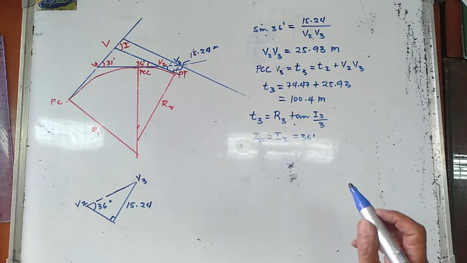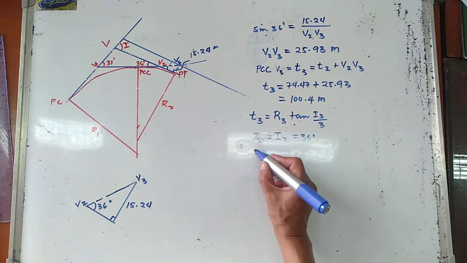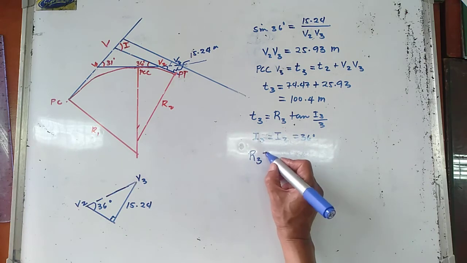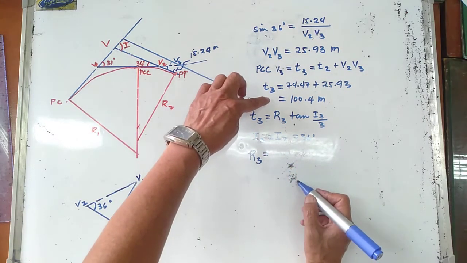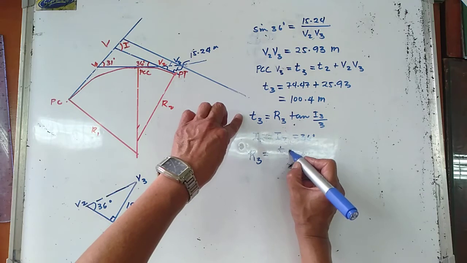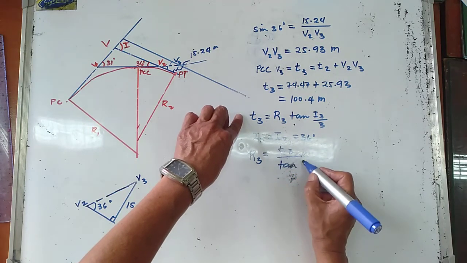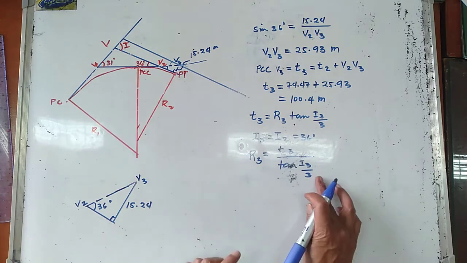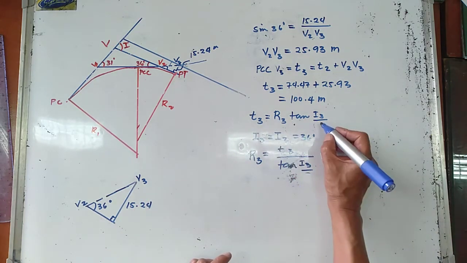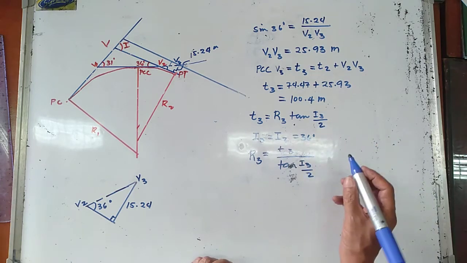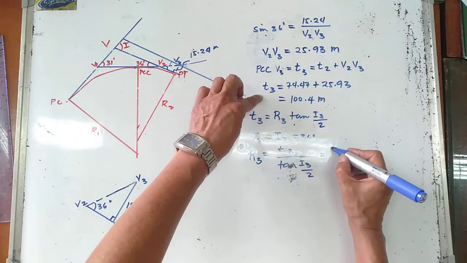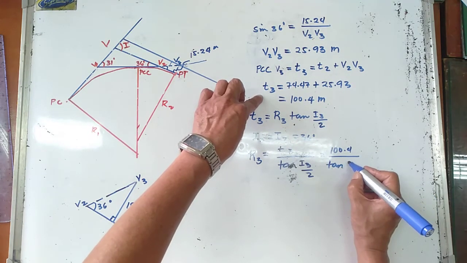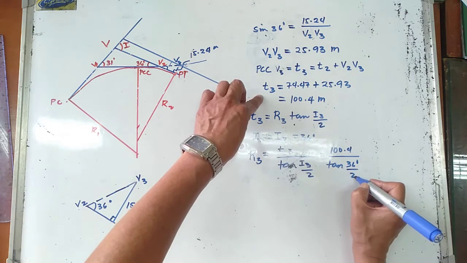Okay, so we now have T sub 3, which is 100.4. So your R3 is now equal to T3 all over tangent I3 all over 2. So this is therefore equal to T3, 100.4 all over tangent of 36 degrees all over 2.